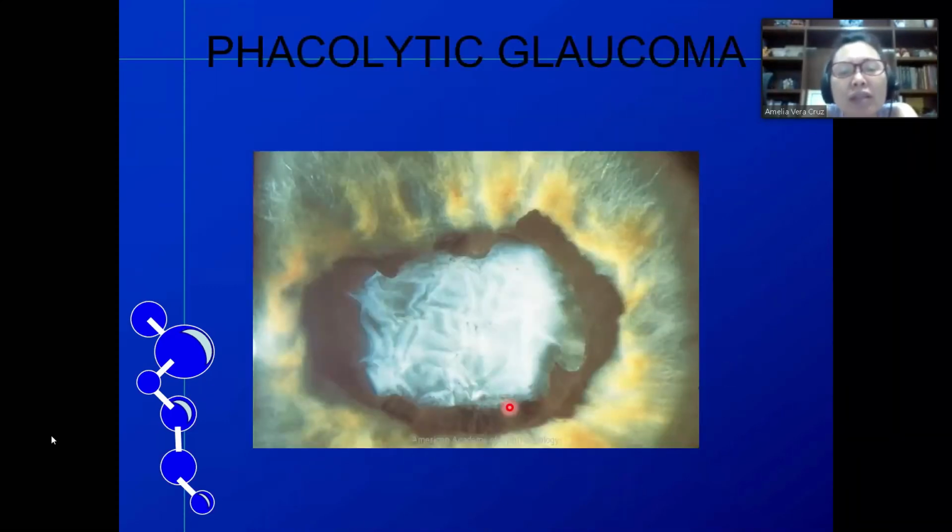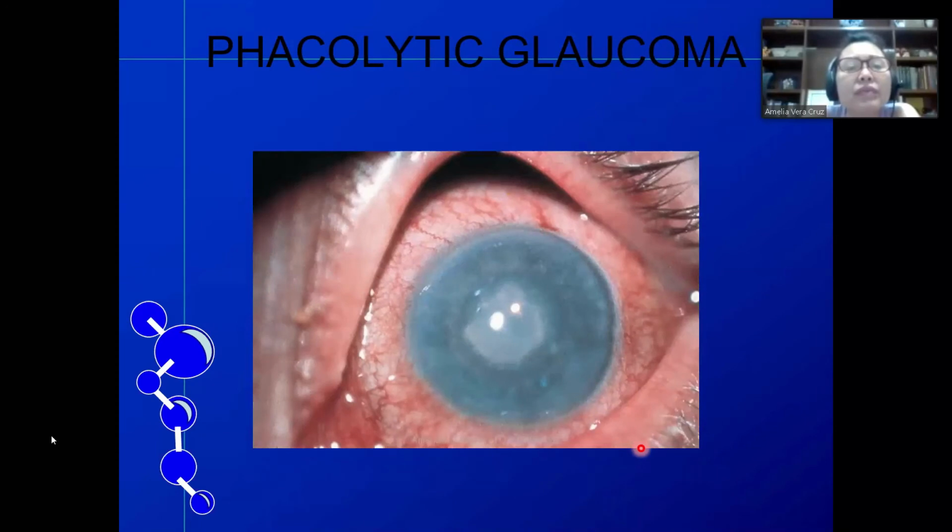Yan. The phacolytic glaucoma, nag-collapse na siya. The anterior capsule, para na siyang nag-wrinkled na. Kasi yung mga cortical materials na nakalabas na. Okay. This is your phacolytic glaucoma.